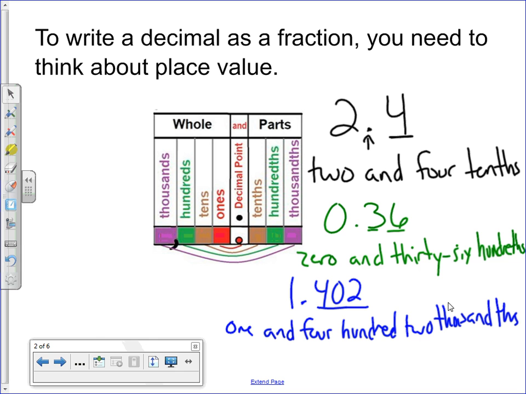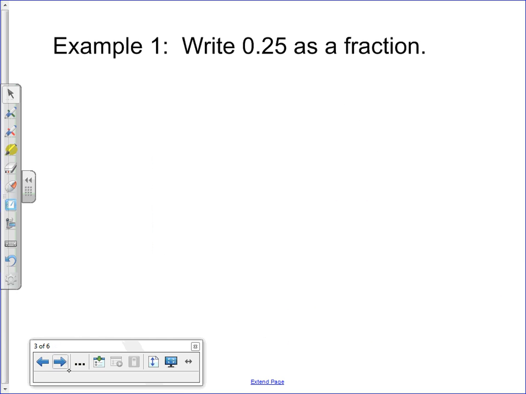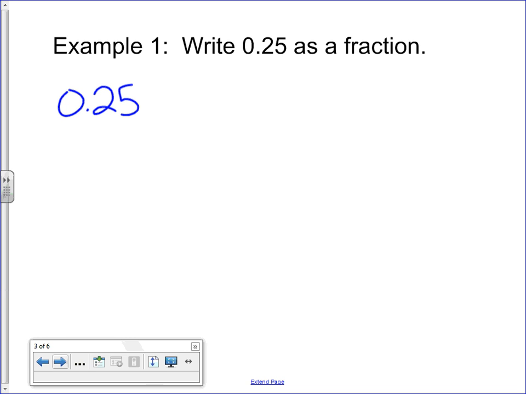Now, I go over this part because I'm not going to make you write these out in words, but I want you to be able to say these decimals out loud in your head because it's going to make it so much easier to do this. Here's what I'm talking about. If I was going to write the decimal 0.25 as a fraction, let's think about saying it correctly.